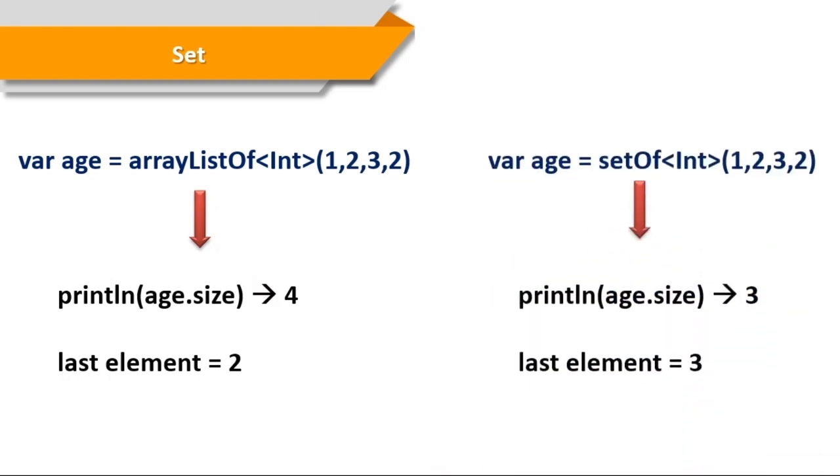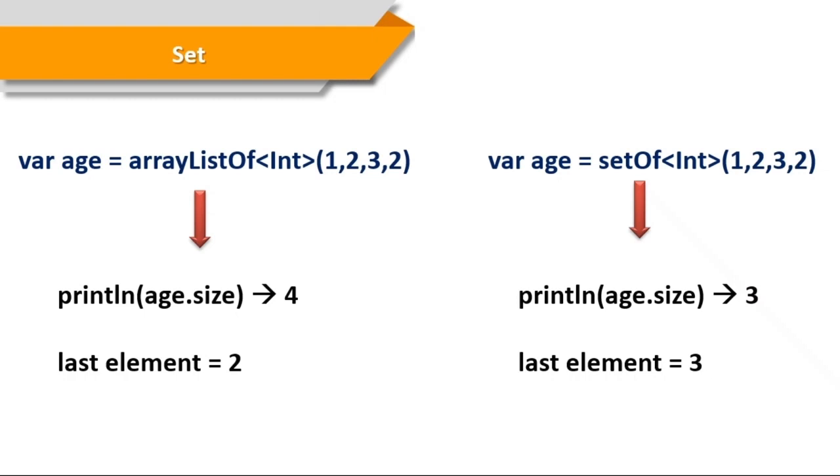When we create the same array using the setOf, well, we get the size of the array to be 3, and we can see the last element of the array as 3. See? So in other words, only one of the 2 elements written twice is taken into account. The other element is not even noticed.